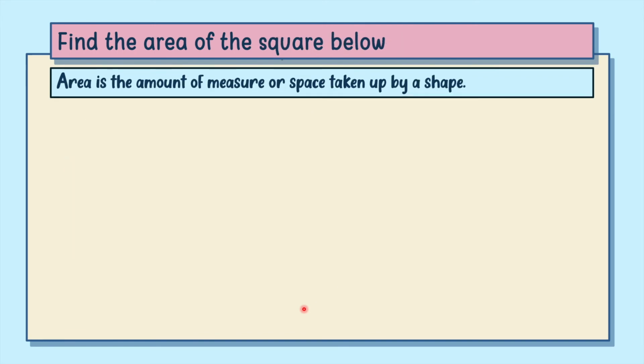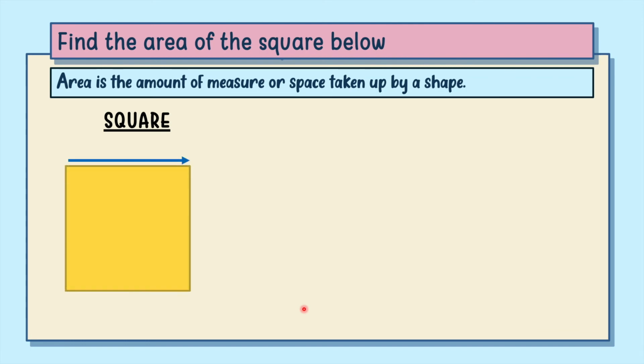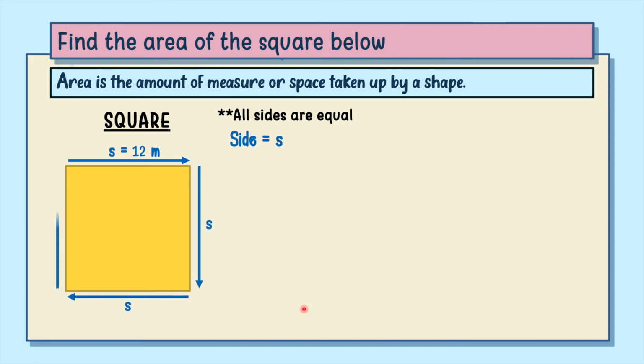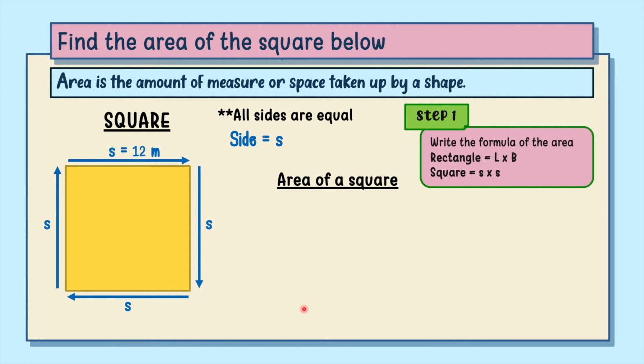Next one, find the area of the square below. So this is a square. Okay, it has a side of 12 meter. Remember, for a square, all sides are equal, which means all sides are 12 meter. So area of a square, remember, our first step, always write the formula of the area.